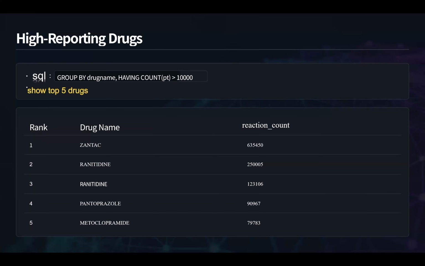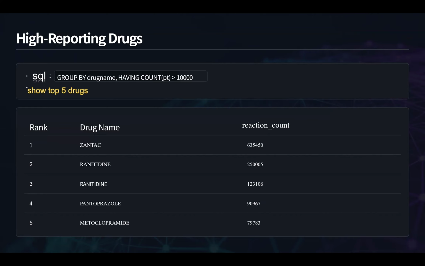Okay, so let me introduce our key findings. I'll present our first major finding, which is the highest reporting drugs. Using the drug name variable, which identifies the medication in each report, we grouped and counted records.